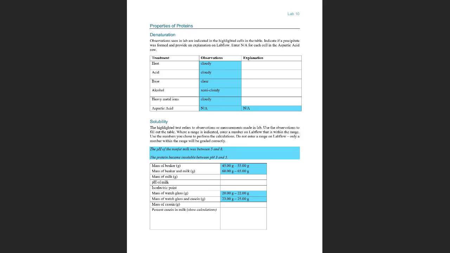So whatever you see in blue is data given. You were supposed to do it in the lab, but because it's virtual, you are given the data. So you will read the procedure so you know what you are doing in the write-up of the experiment.